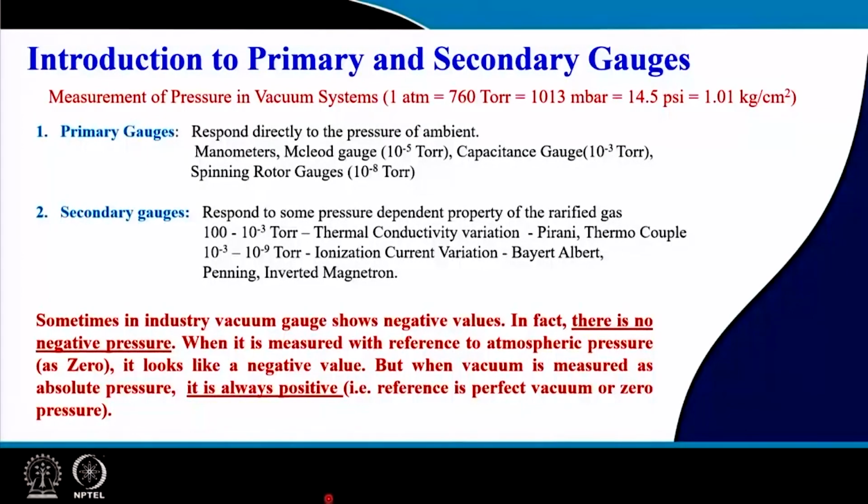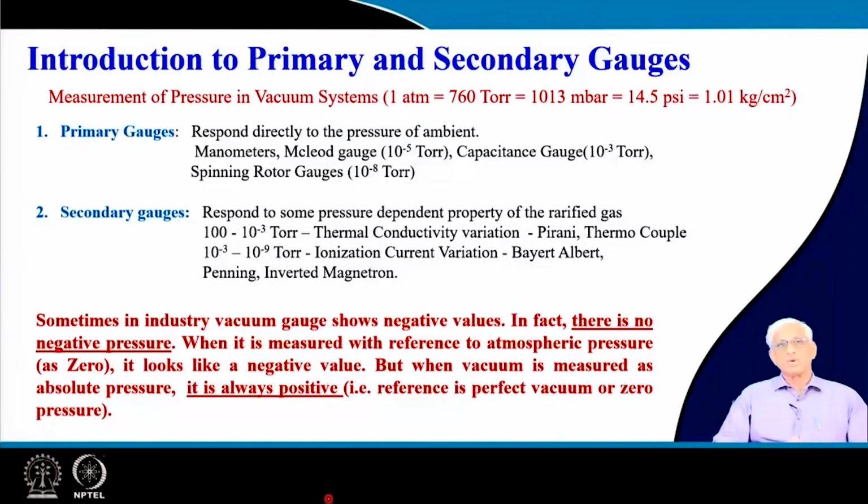What is primary? What is secondary? Primary means you are trying to respond to the pressure of the ambient directly, based on certain fundamental principles which cannot be questioned. F is equal to ma, we are not going to question.